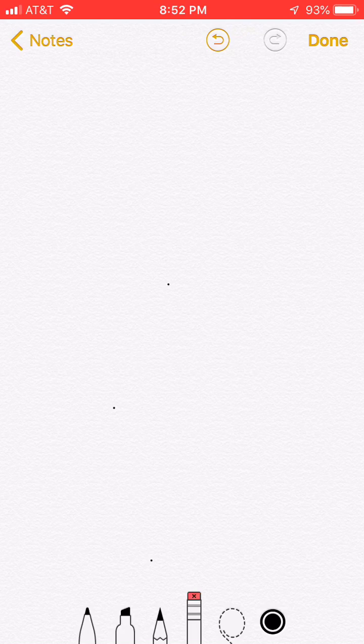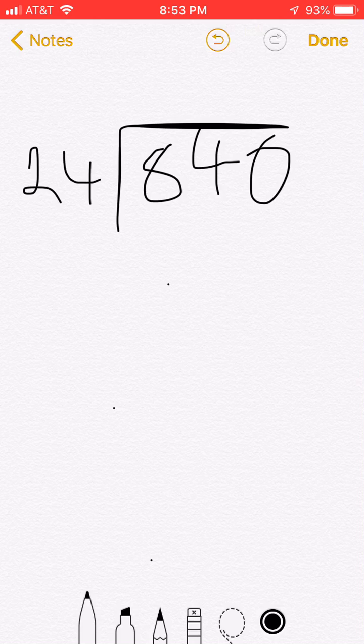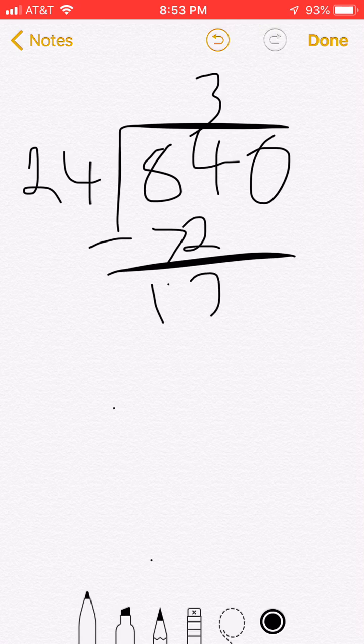Now moving on, we did addition, subtraction, multiplication, and if you guessed division, then you are right. This is division without remainders, and then we do division with remainders. So the example is 840 divided by 24. 24 goes into 840 3 times, minus 72 to get 12.